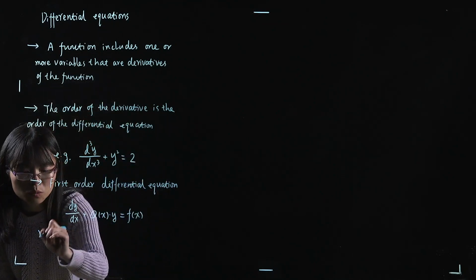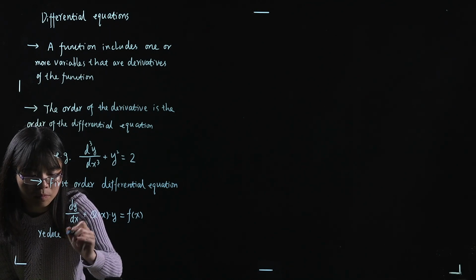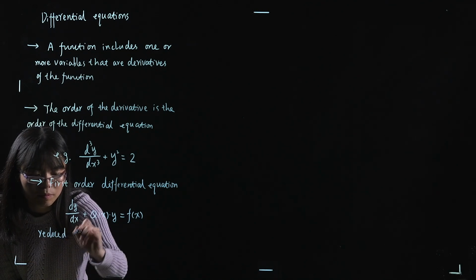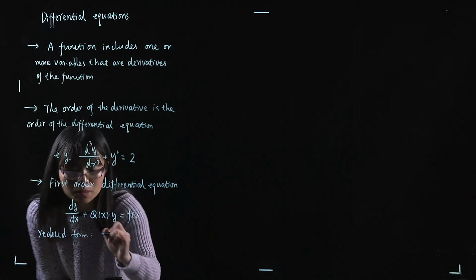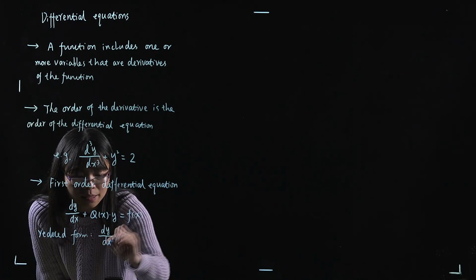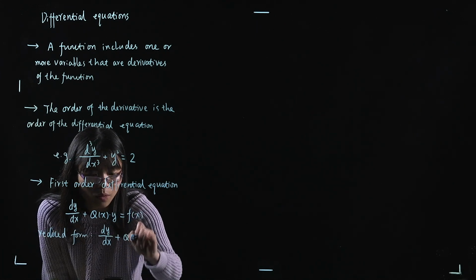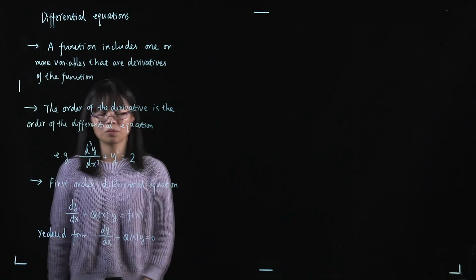So what people do is first think about the reduced form of the function by setting f of x equals 0. Then we have dy over dx plus q of x times y equals 0.